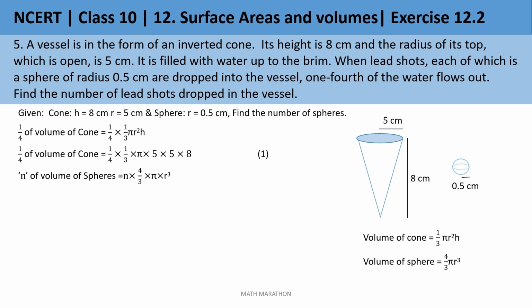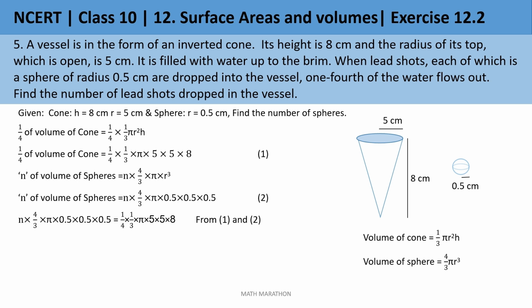N number of volume of spheres is equal to n multiplied by 4 by 3 pi r cube, which is 0.5 cube. We know that 1/4 of volume of cone is equal to n number of volume of spheres. Equations 1 and 2 are equal.